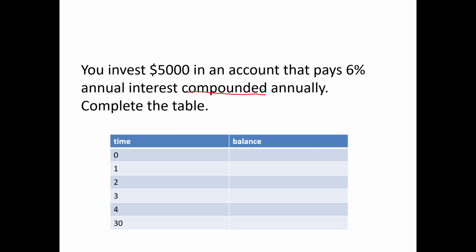Okay. So when no time has gone by, you only have the money that you put in there, which is your $5,000. Right? Now, 1 year has gone by and we've gone over how to figure this out. You just multiply the 5,000 times 1.06.